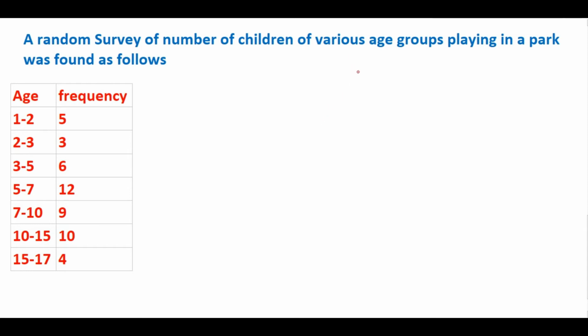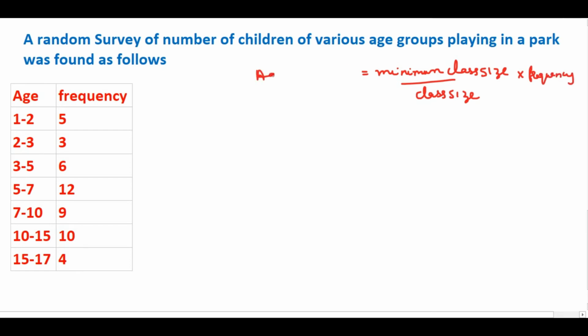The formula is minimum class size divided by class size, into frequency. This will give you the adjusted frequency, or the length of the rectangle when the class sizes are not the same.